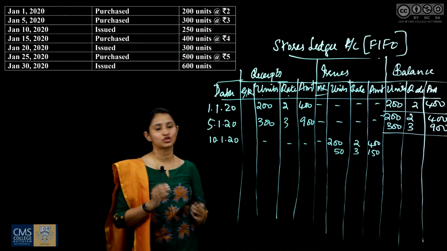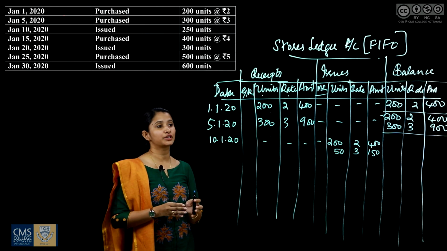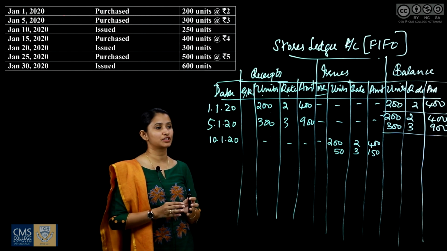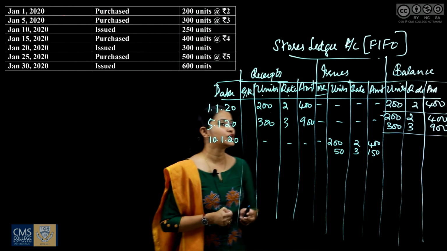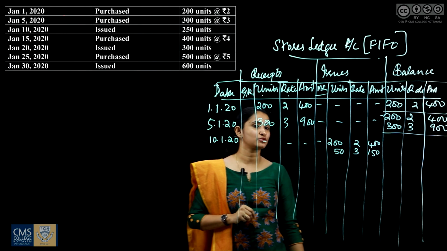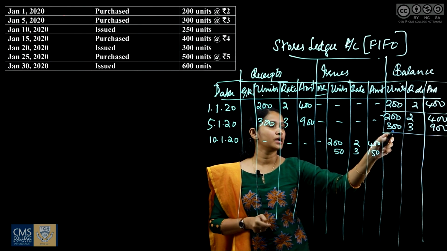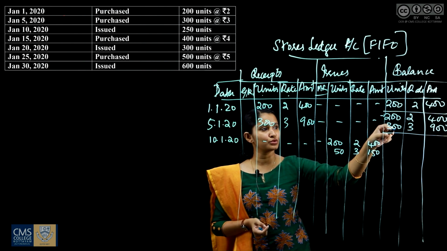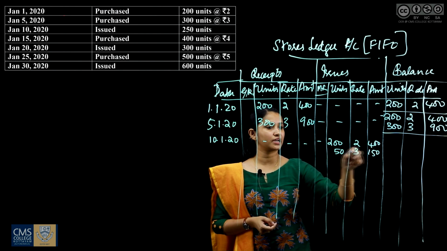So you are issuing to the production department in two lots: 200 units at 2 per unit, and then 50 units taken from the second lot at 3 rupees per unit. When you write the balance column on 10th Jan 2020, you have exhausted the first lot. You have taken a few units from the second lot. From these 300 units, you have taken 50 units.